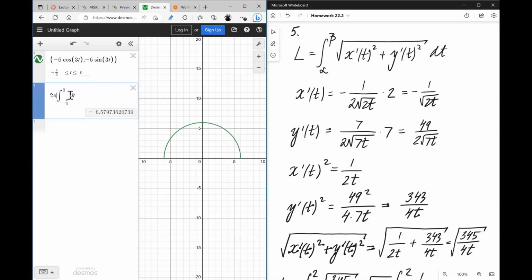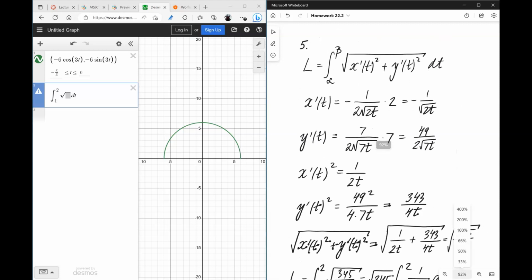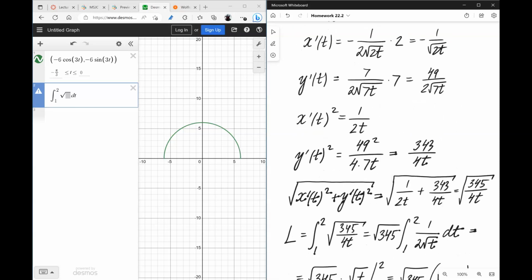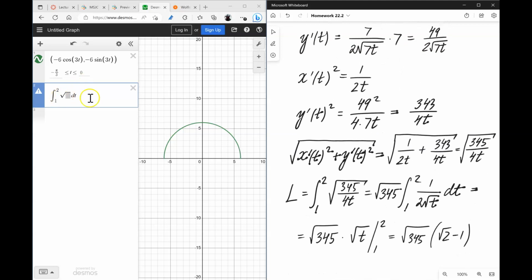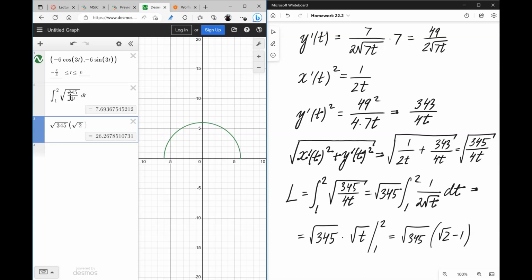We have 2 pi. Oh no, sorry, we don't have 2 pi. We have the integral from 1 to 2 of square root of 345 divided by 4t. And let's just check if we did it correctly. Yep, we did it correctly.